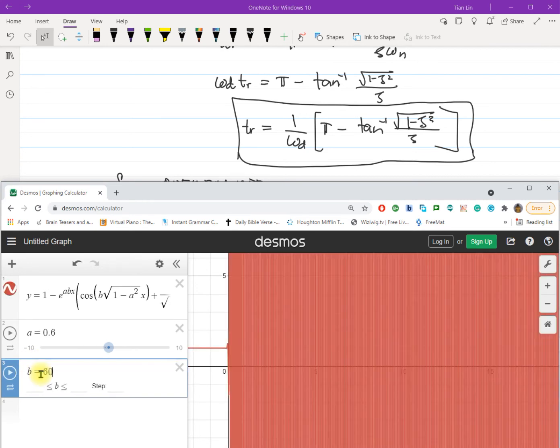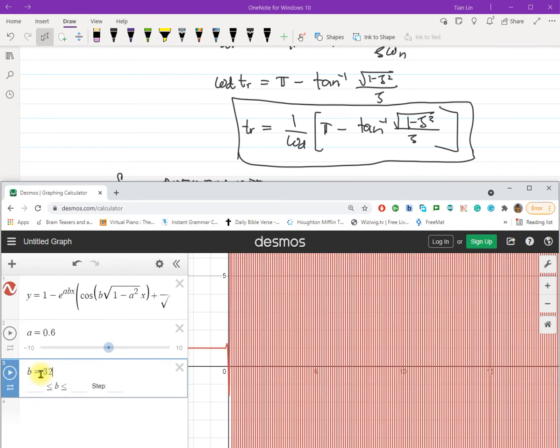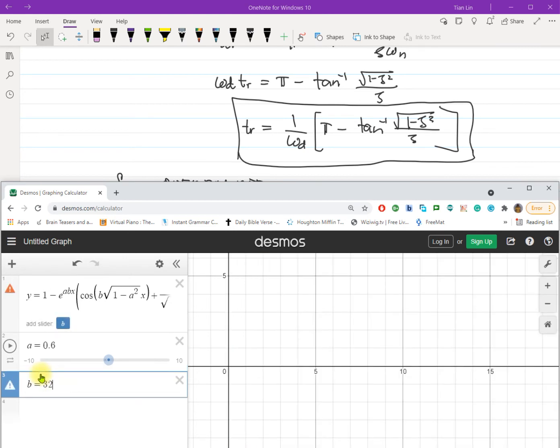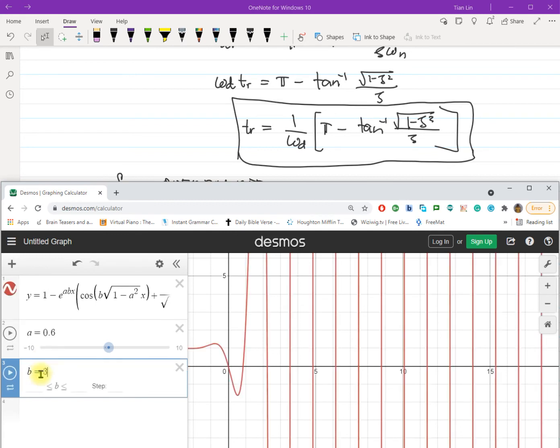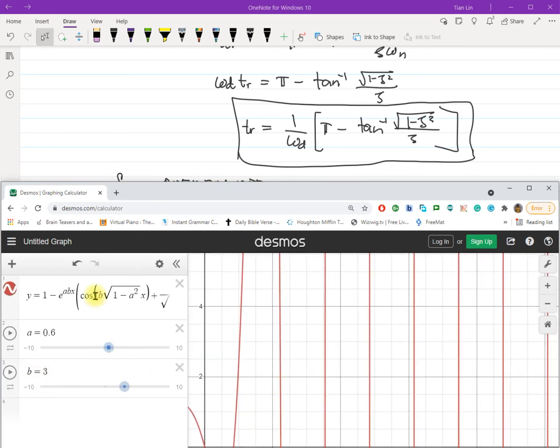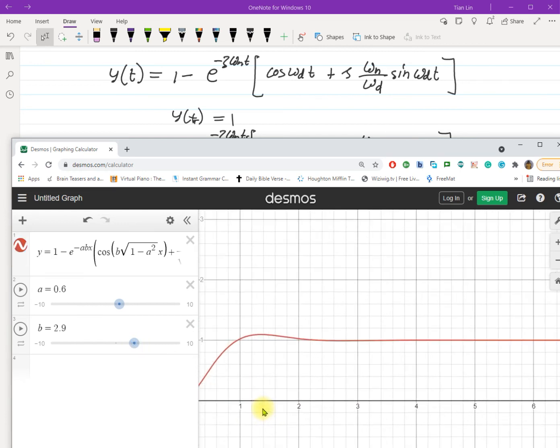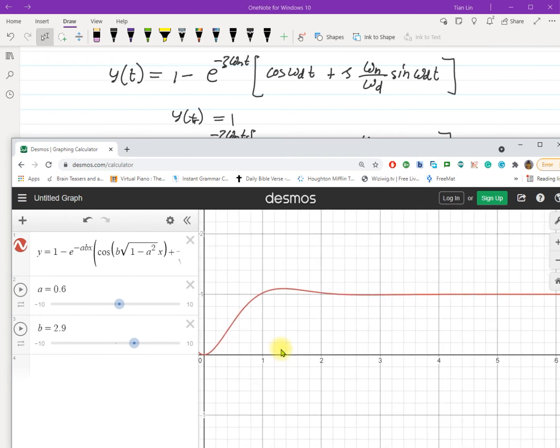If we decrease it, let's say 3, or we can increase our value for b.